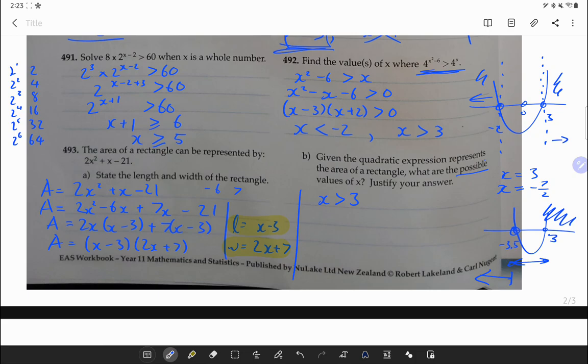Justify your answer. Let's see, greater than negative 3.5 but smaller than 3, the area is negative.